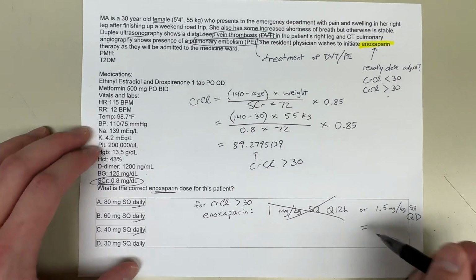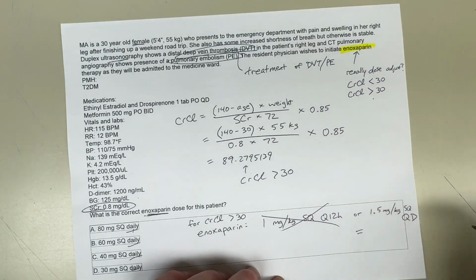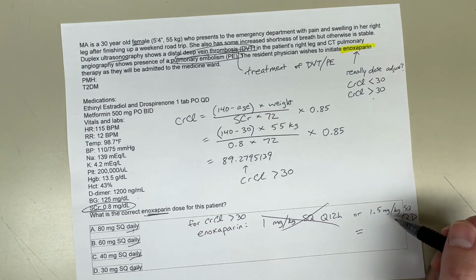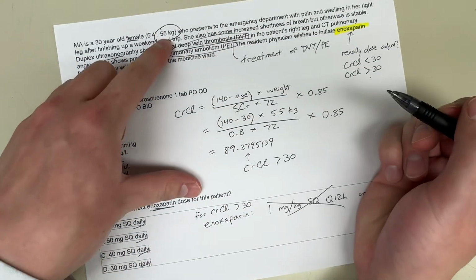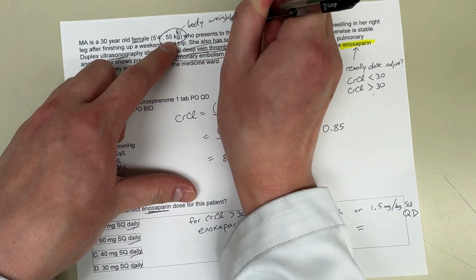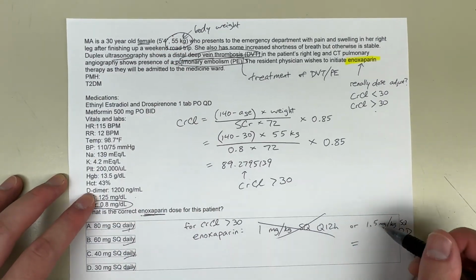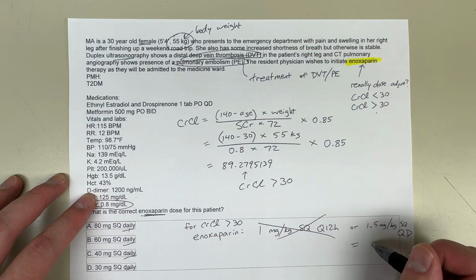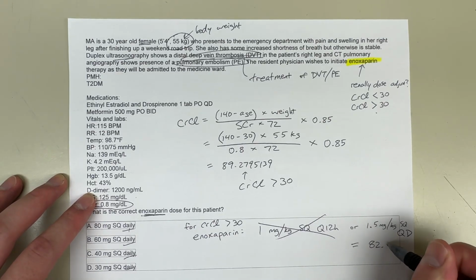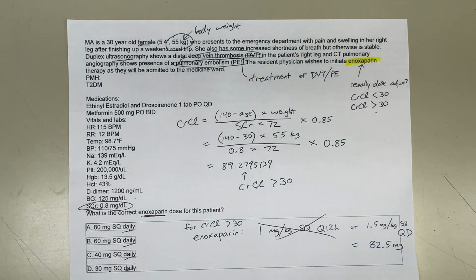So when you solve for this, 1.5 milligrams per kilogram, you just multiply this by 55. The body weight's 55, and luckily for you, they already have it in kilograms. So 55 times 1.5 equals 82.5 milligrams. Most likely you can get some weird number, just like in real life, you won't get the exact number.